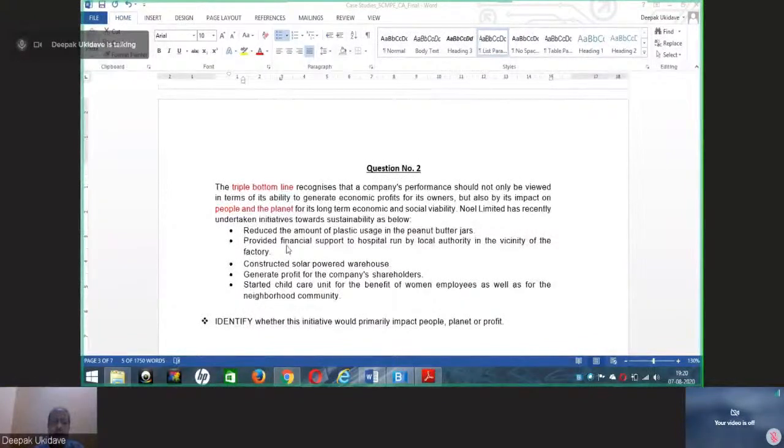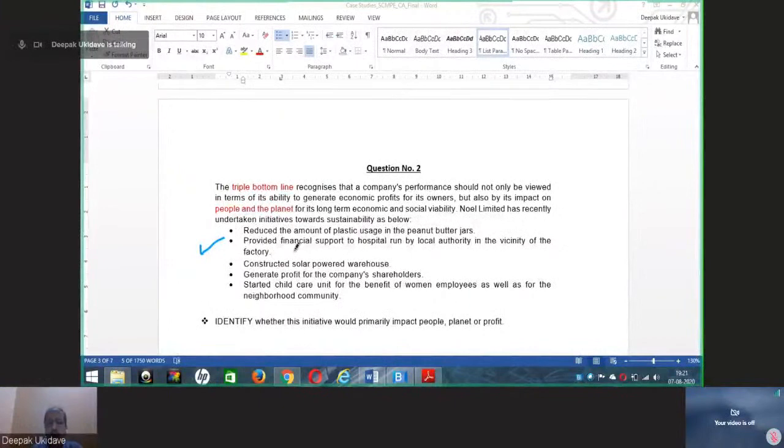Second one: provided financial support to the hospital which is run by local authority in the vicinity of the factory. We are on the second point. A company has taken the responsibility for the upliftment of the entire village which is in the surrounding area, the village in which the factory is situated.